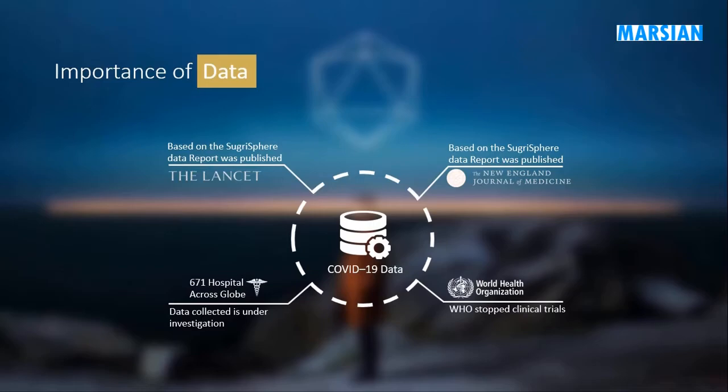The company claimed that they have gathered the data of corona-infected patients by linking their software used by 671 hospitals across the globe with their electronic health record system. The data was about the combination of medicines used to treat the corona-infected patients and their effects on the patients.